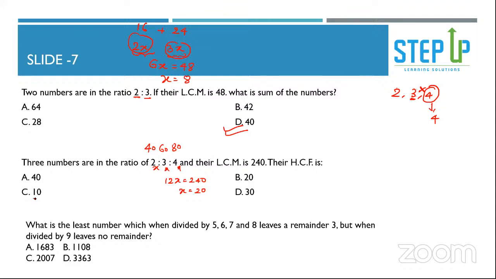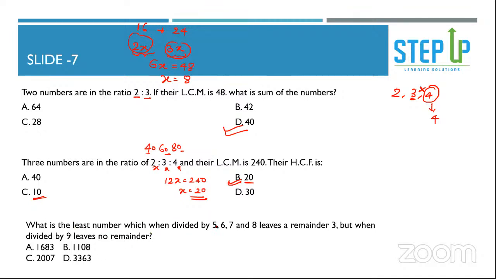So HCF is 10 or 20. Is every number divisible by 20 here? Yes. So the answer is what? 20. Okay. So answer is 20. Done. Now the next one.